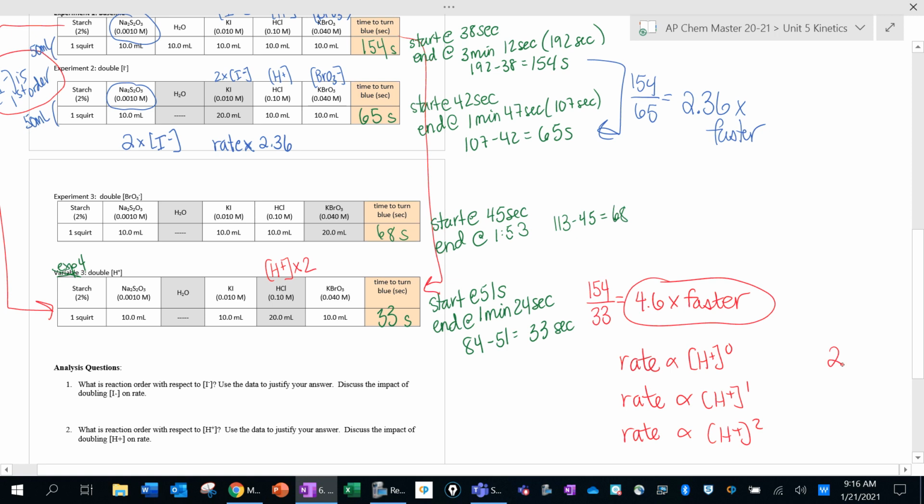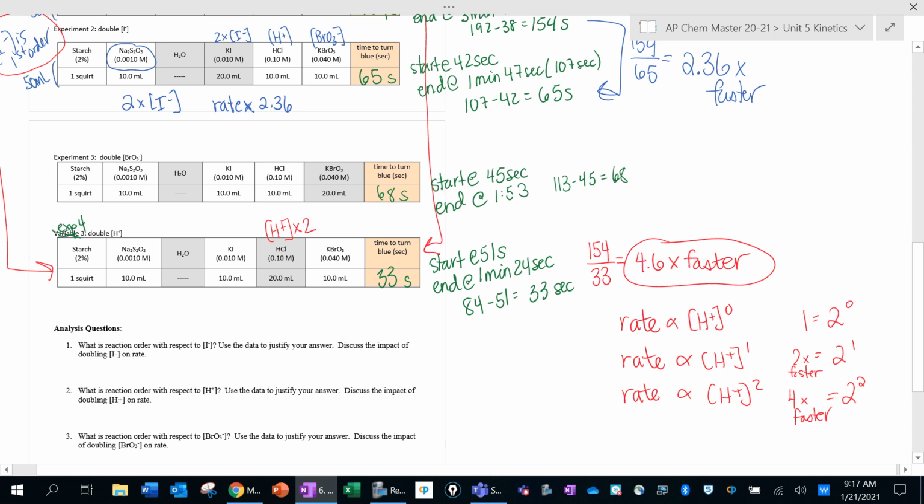If I doubled the concentration and it was 0th order, the rate would not change. If I doubled the concentration and it were first order, the rate would be 2 times faster. And if we double the concentration and we're second order, the rate would be 4 times faster. And what we got is 4.6 times faster. So what seems to most closely match our data is this right here. So it seems that the hydrogen reactant is second order.